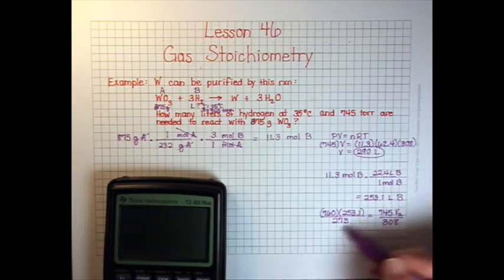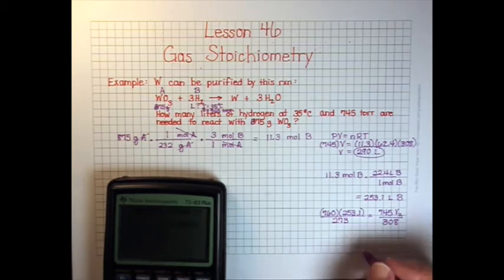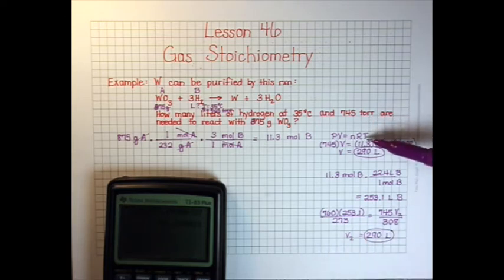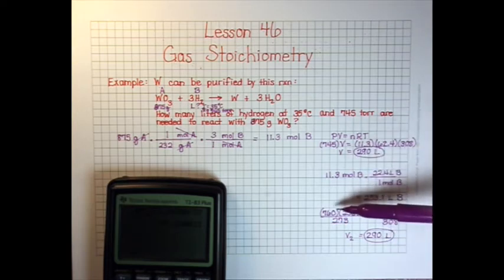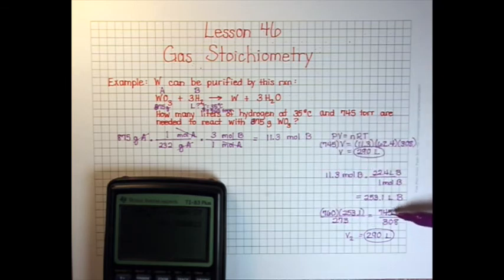Now we're going to cross multiply, so we have 760 times 253.1 times 308 divided by 273 divided by 745, and look at that, V2 comes out to 291, or with sig figs, 290 liters. So it doesn't matter whether you use the ideal gas law or convert and use the combined gas law, you'll wind up with the same answer. The only trick is being sure that you recognize that the STP is what you've found this far, and then you're going into these new conditions that are not STP.